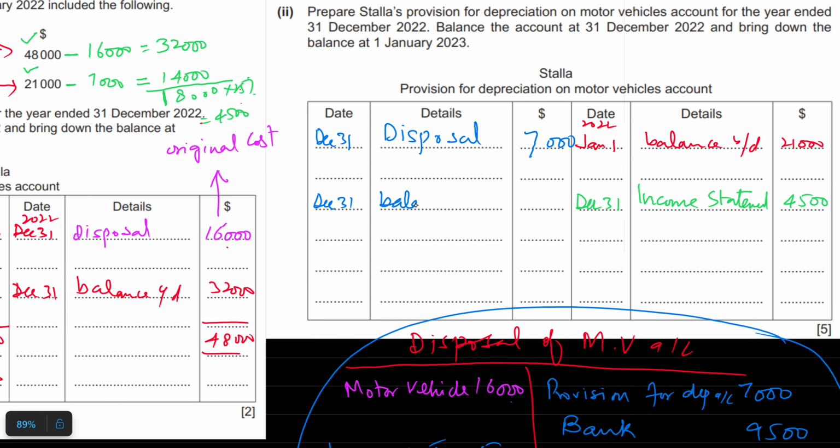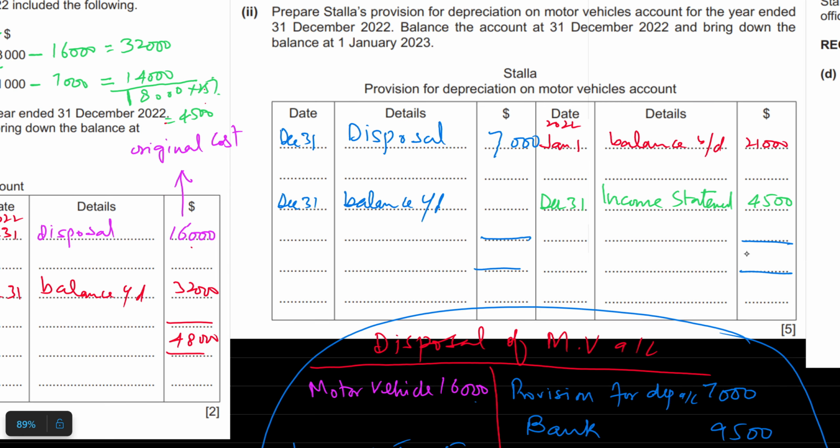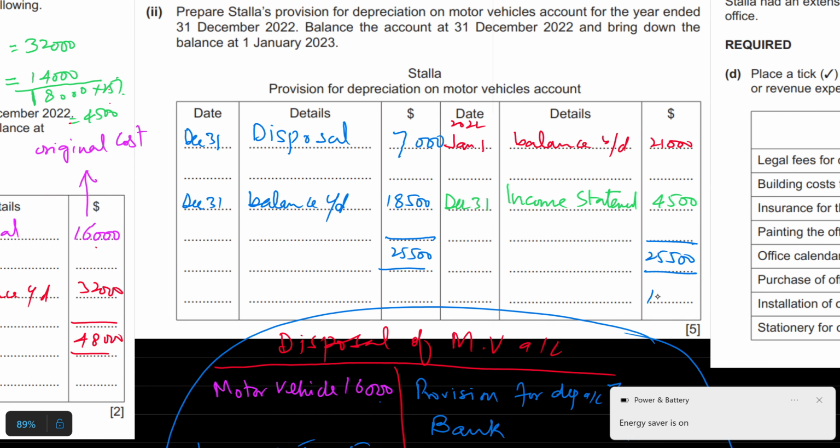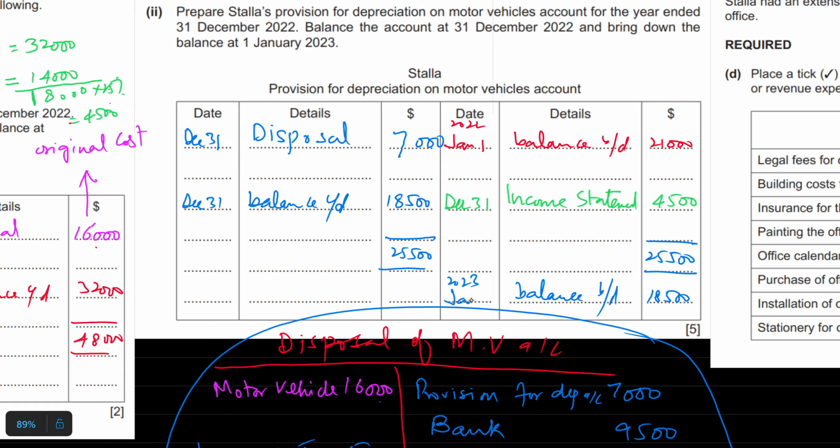this provision for depreciation account, the balance carried on will be 2023 January 1.